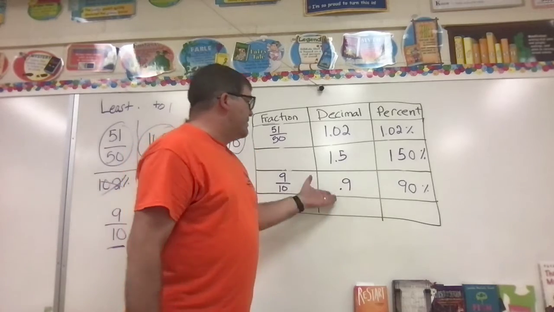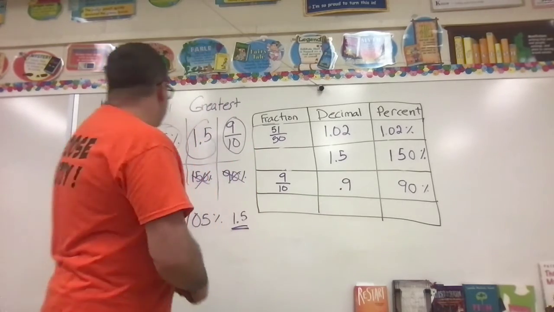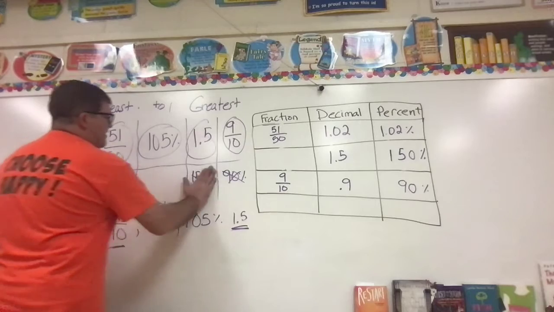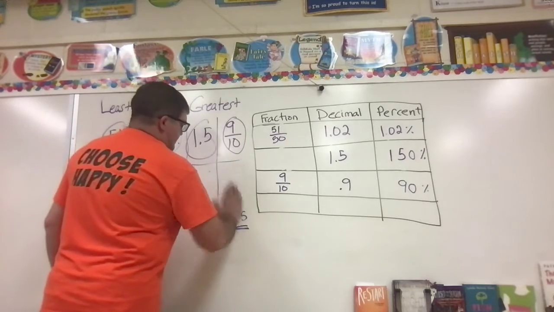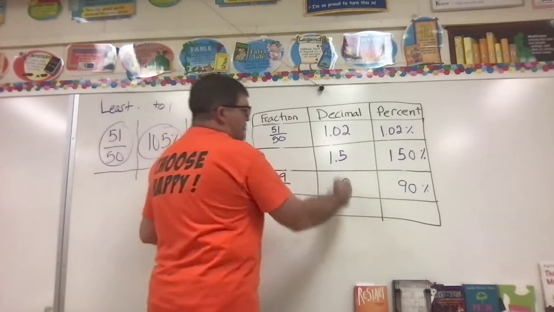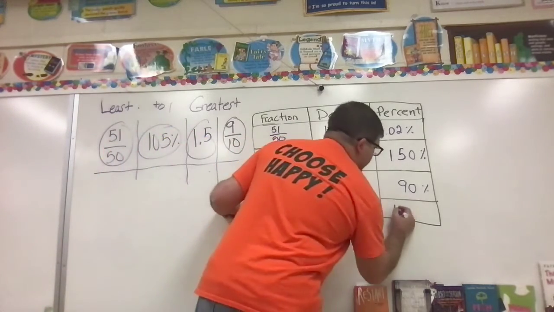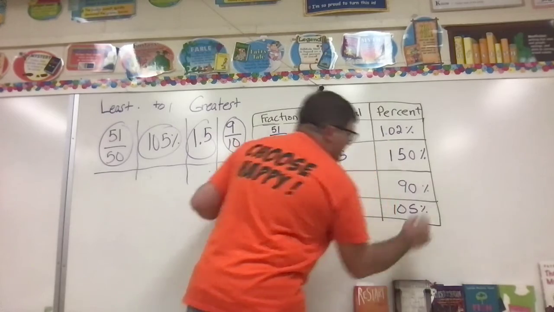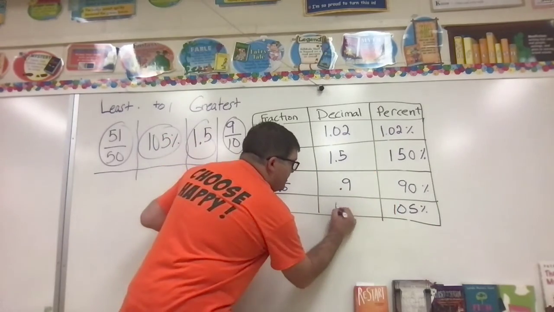But you could also compare decimals. Yeah, let's say I have decimals. See if it gets me the same thing. I think it will. So I have decimals for all these. The 105%, I don't have a decimal for that, but I can get it.